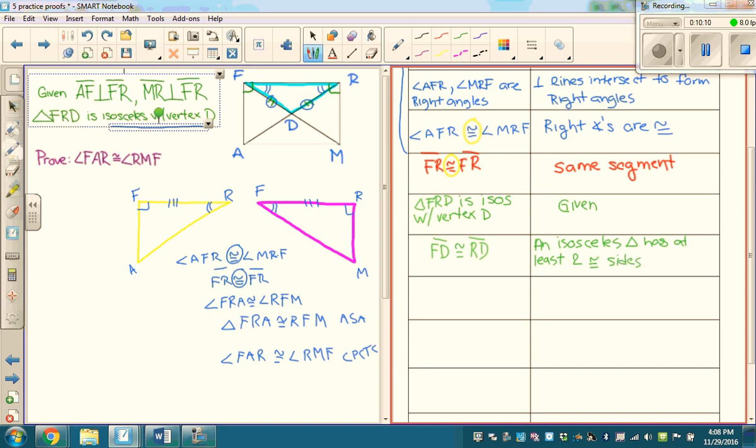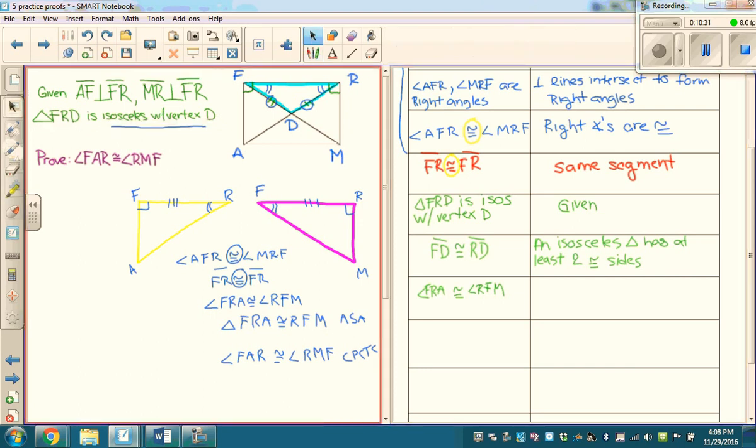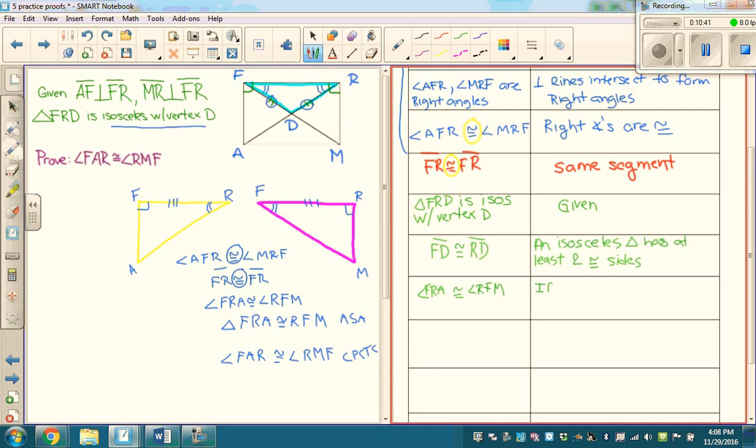And because we have two congruent sides, we can say that angle FRA is congruent to angle RFM. So that's this angle here, up here, because there was something called the Isosceles Triangle Theorem, and what it says is if two sides of the triangle are congruent, the angles opposite are congruent.